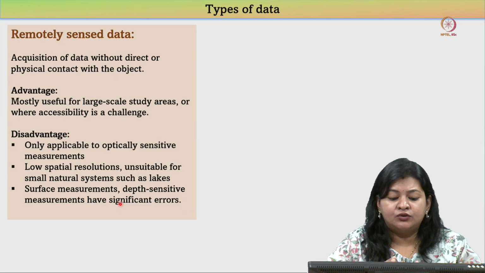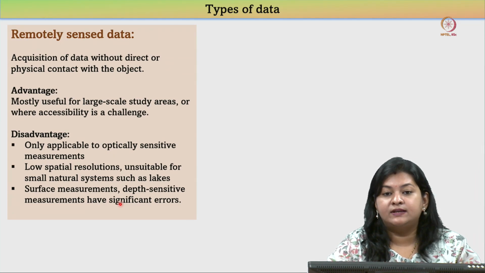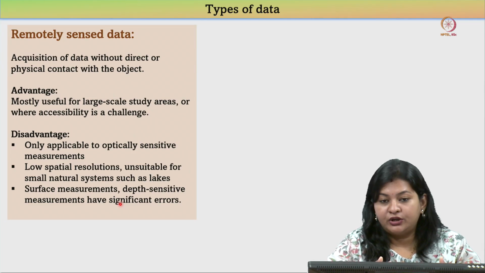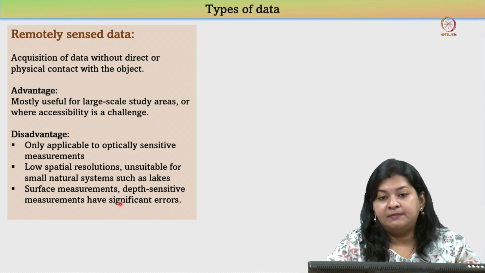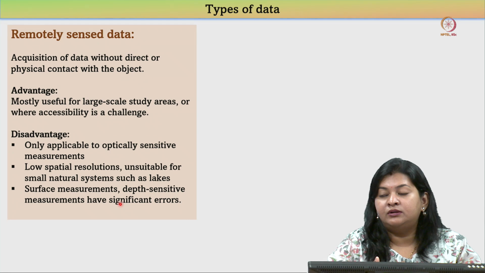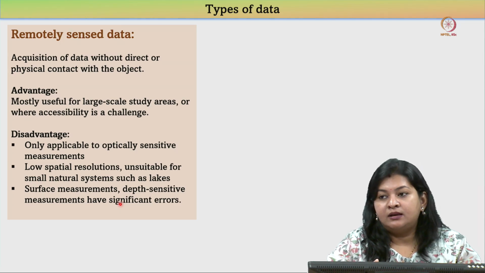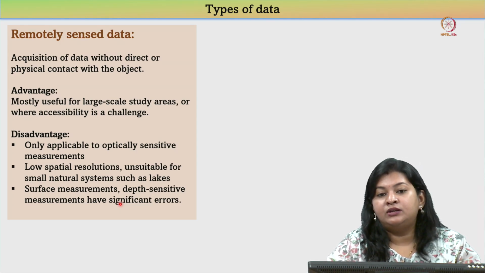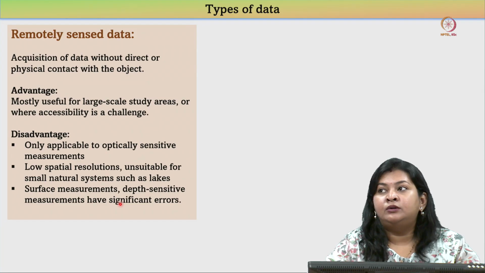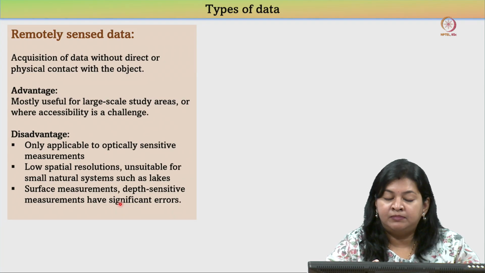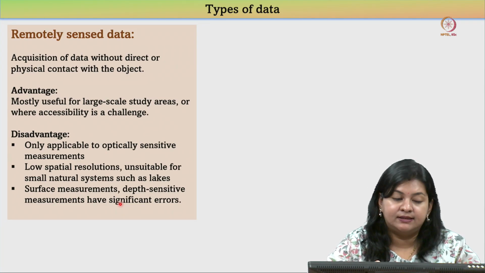So, first of all, remotely sensed data gives us access to huge areas. It helps us overcome the limitations due to lack of manpower, lack of financial support and all that. And it is also extremely useful when the locality of that particular place is very difficult to access.